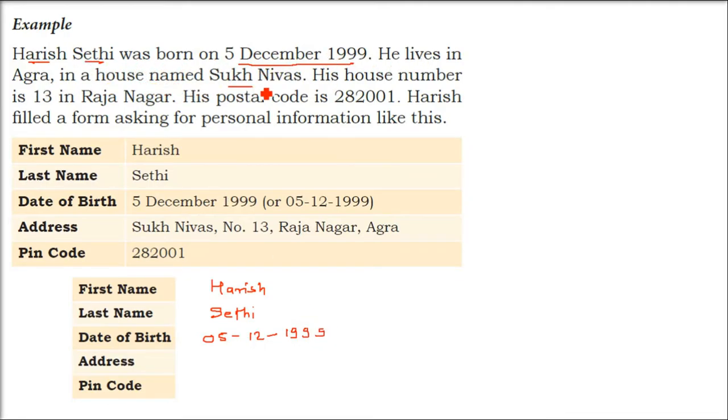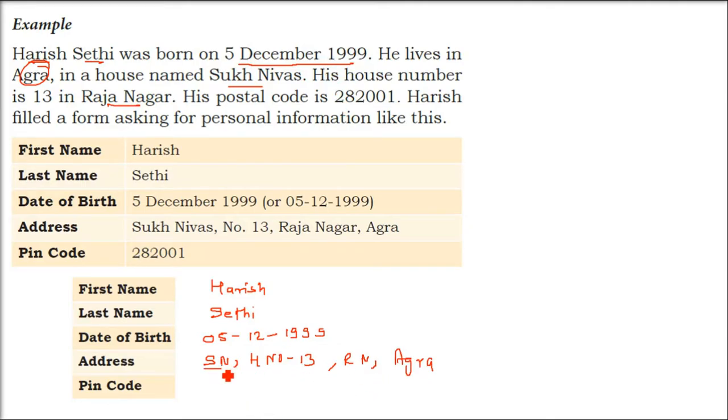Now he lives in Agra in a house named Sukh Niwas. His house number is 13 in Rajanagar. So Sukh Niwas, house number 13, or you can write house number 13 Sukh Niwas, but Sukh Niwas is the house name, so Sukh Niwas has to come first. House number 13, then Rajanagar, RN I'm writing, and then Agra. And then you can also add Uttar Pradesh, which is UP.